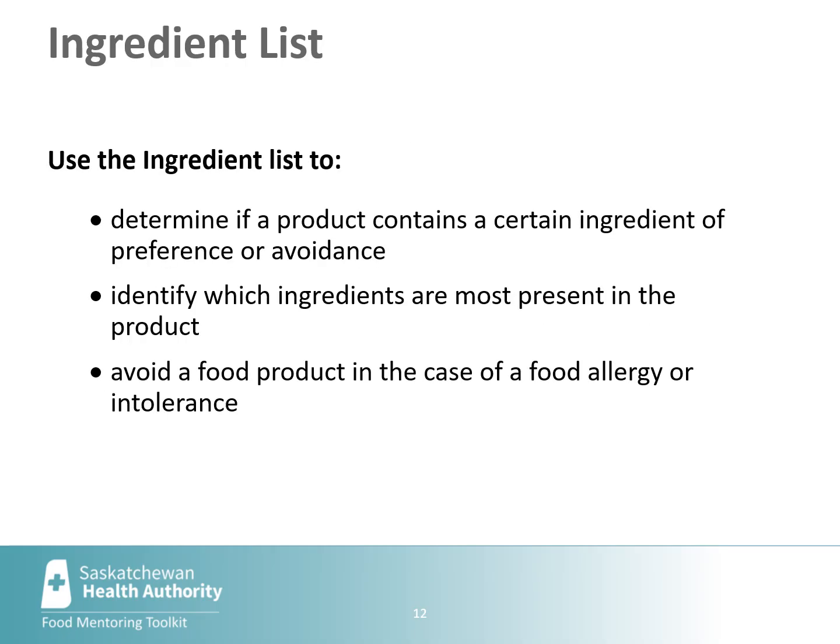Use the ingredient list to determine if a product contains a certain ingredient of preference or avoidance. For example, for religious or cultural reasons, a participant may avoid pork. Use the list to identify which ingredients are most present in the food product and to avoid a food product in the case of a food allergy or intolerance.